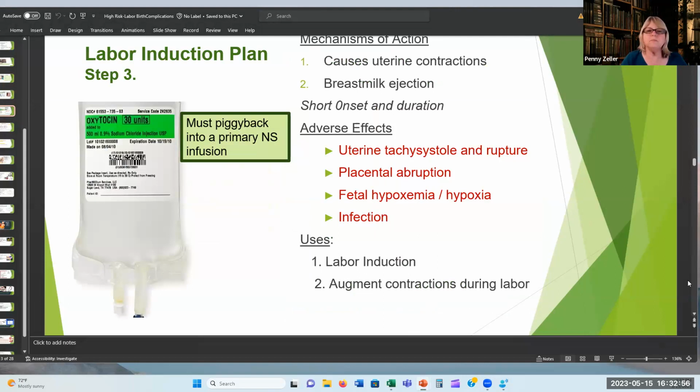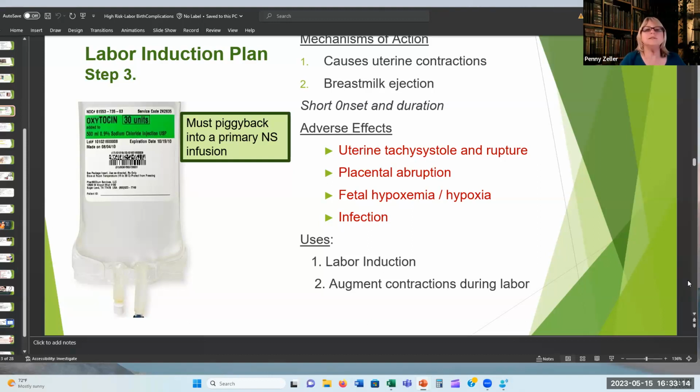Remember, your oxytocin must be plugged into a primary line of LR or normal saline. It will cause uterine contractions. It also causes breast milk ejection.